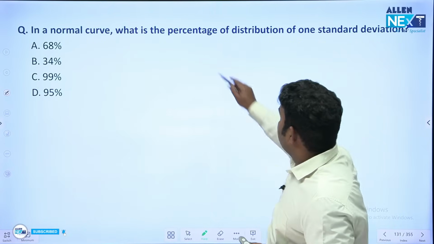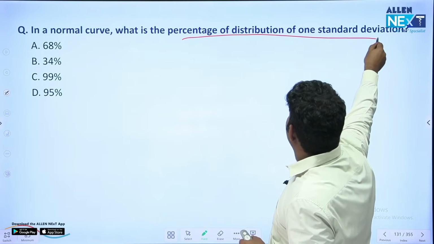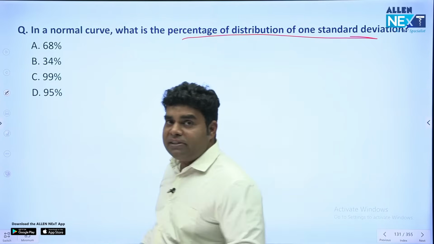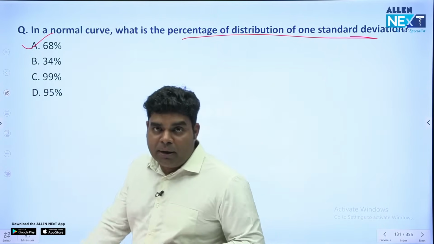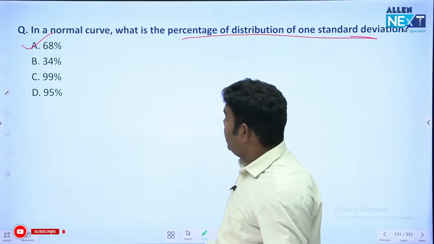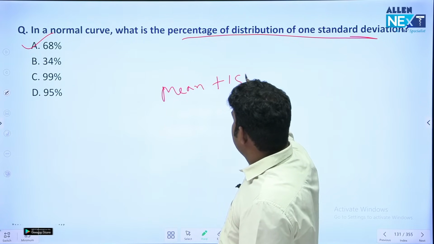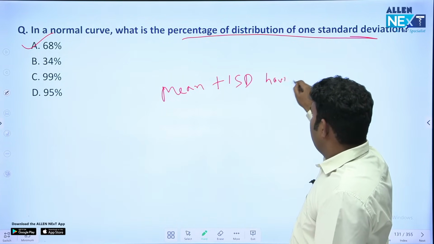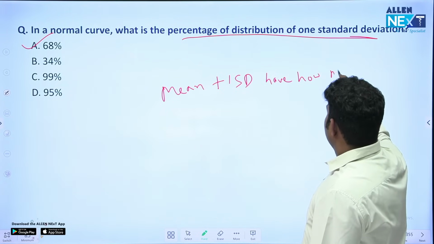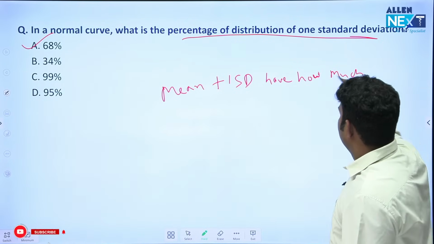In a normal curve, what is the percentage of distribution of one standard deviation? One standard deviation, 68% people come. So in one of the exams, they asked that mean plus one standard deviation have how much value, how much area or how much value?